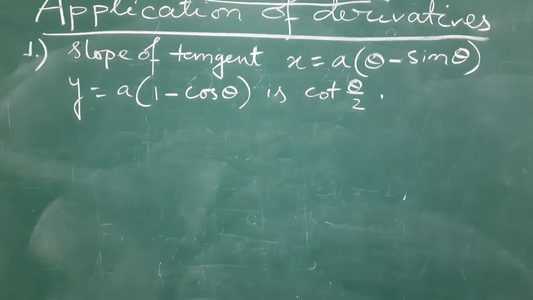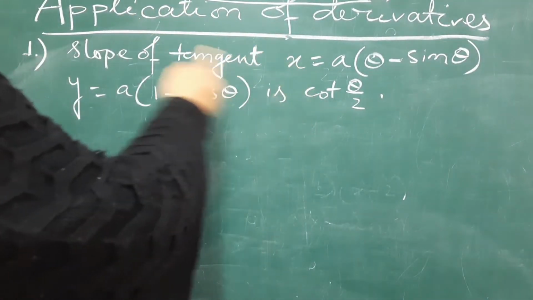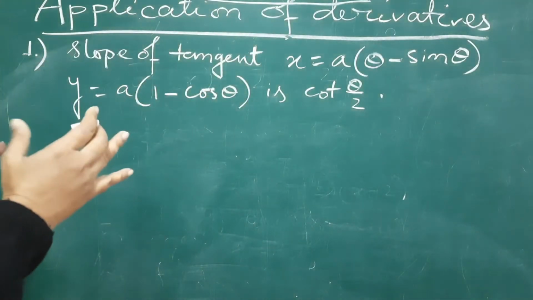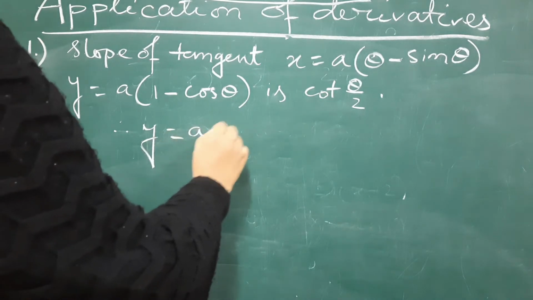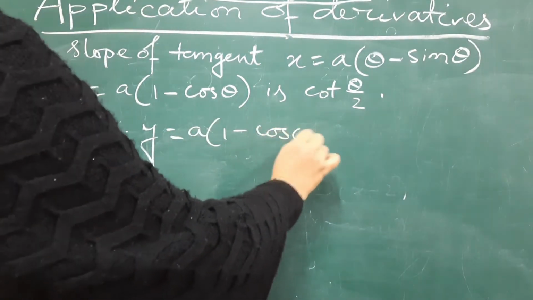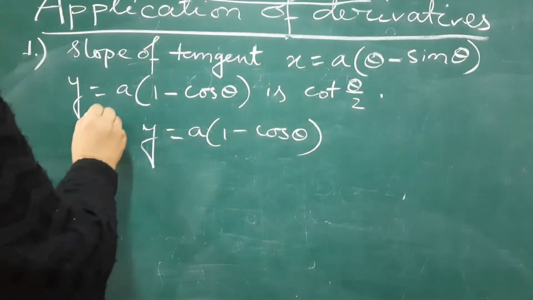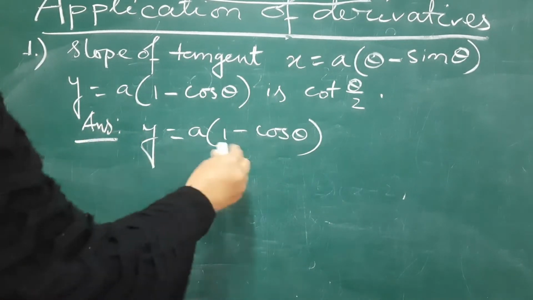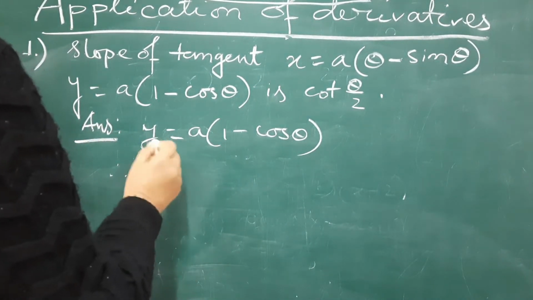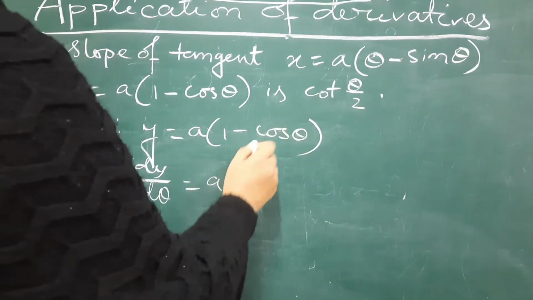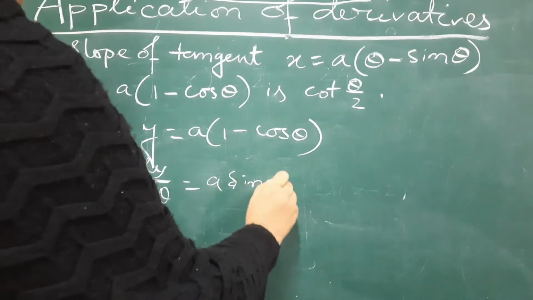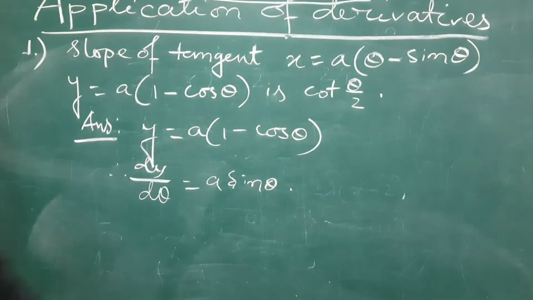So first thing is we have to find dy/dx. Y and x are not directly related, it is in the parametric form. So we have y is equal to a into 1 minus cos theta. The derivative of y with respect to theta: the derivative of cos theta is minus sin theta, and with the minus sign before it, it is a sin theta.